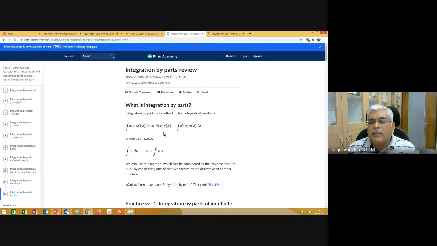And basically this is very easy to derive. Please see this second part of this equation, you take this to this side. Whatever is appearing on the right hand side, you take it to the left hand side. And this, what is this?